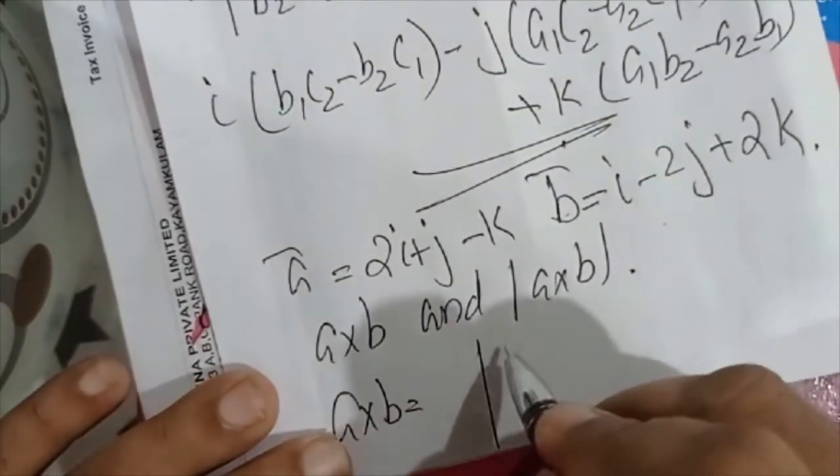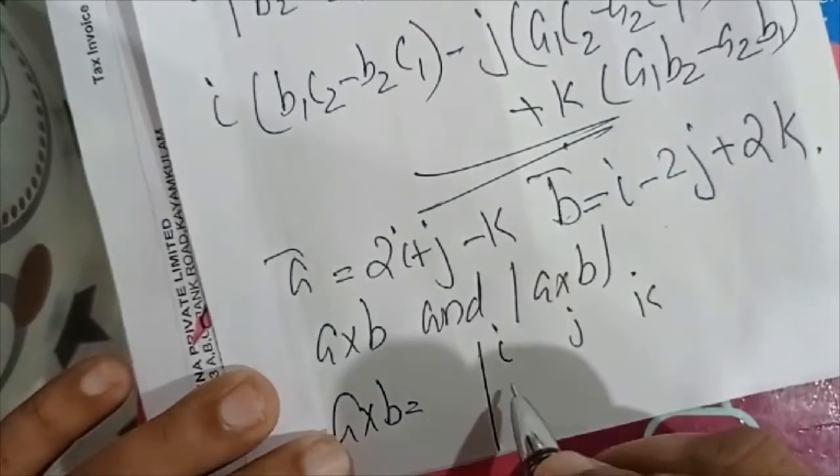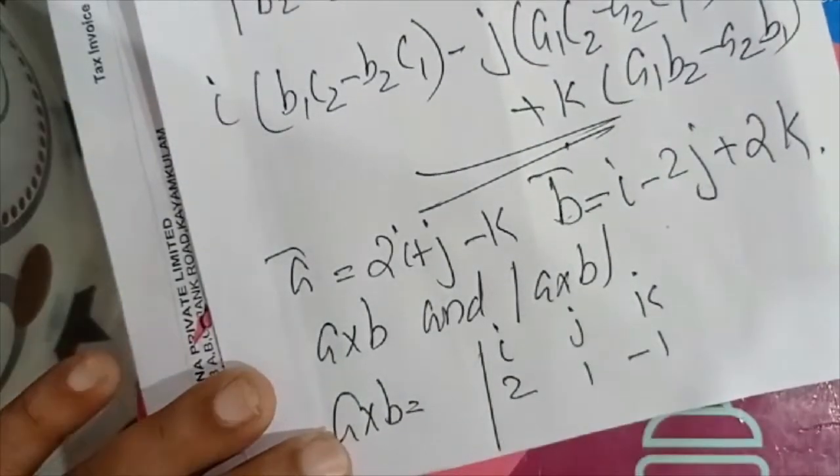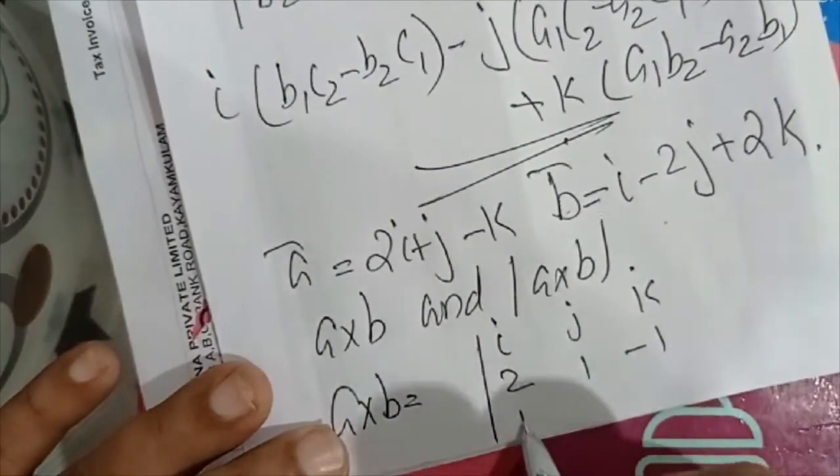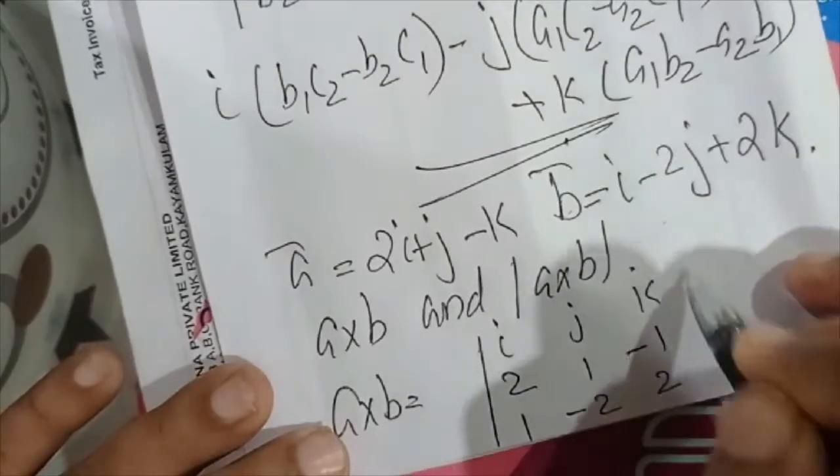Say the answer. i j k, 2, 1, minus 1. Agree? 1, minus 2, 2.